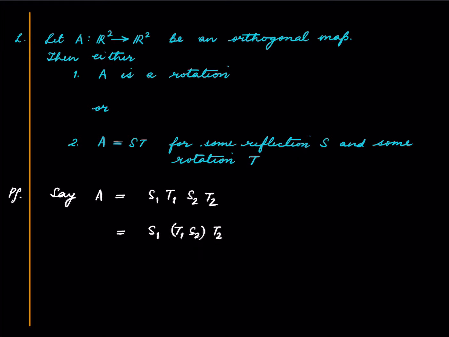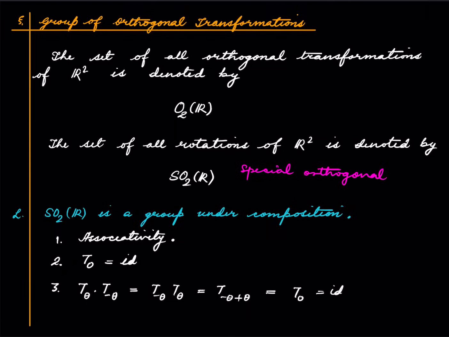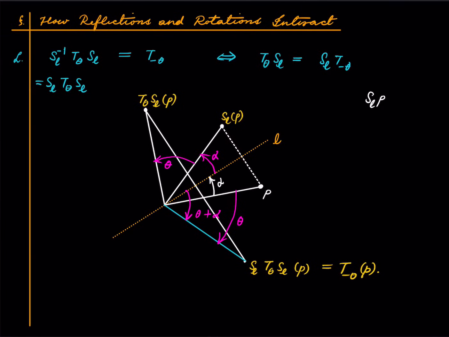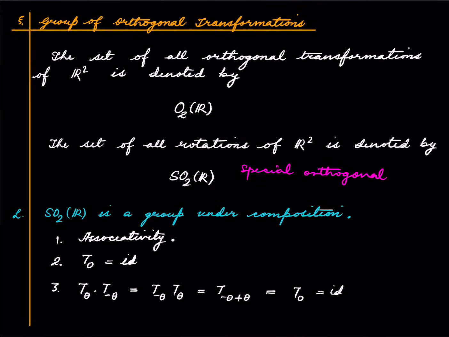And now we'll use this property that S2 T1 is T1 inverse S2. Right, this is what we commented. Let me show you that equation. This one. Right, so rotation reflection is reflection and the inverse of the rotation. So that's what this is.